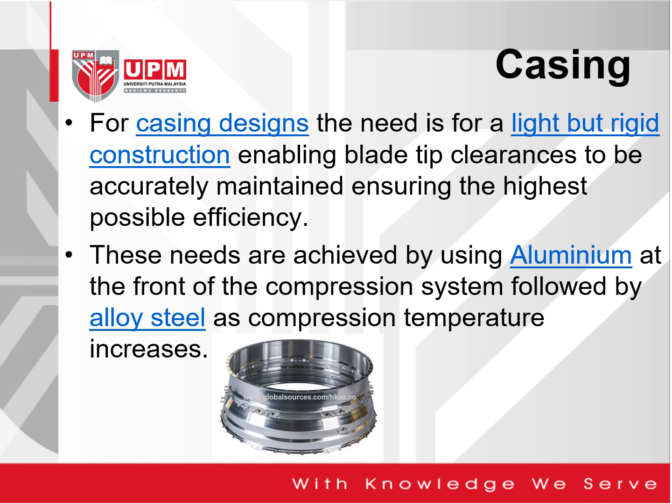We know aluminium is light, so it is used at the front of the compression system, followed by alloy steel. So you have aluminium at the front of the casing side, and then it is followed by alloy steel as the compression temperature increases.